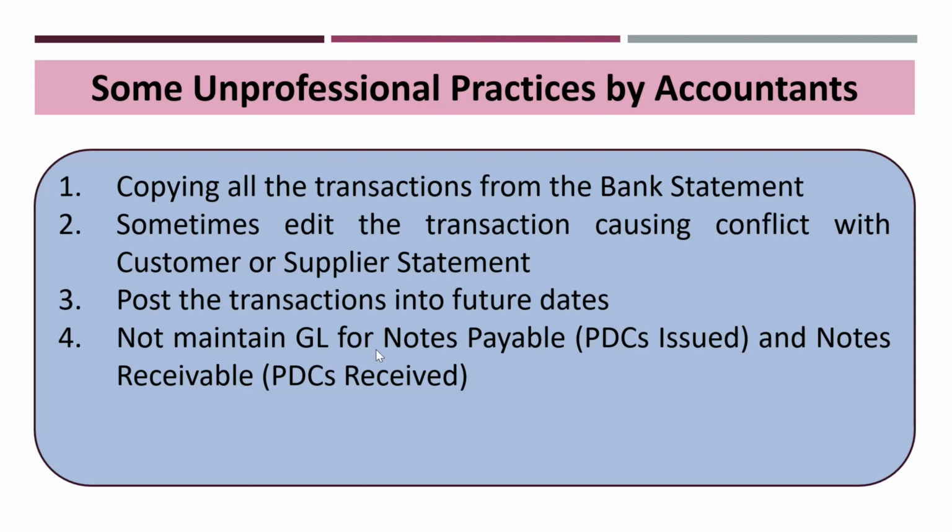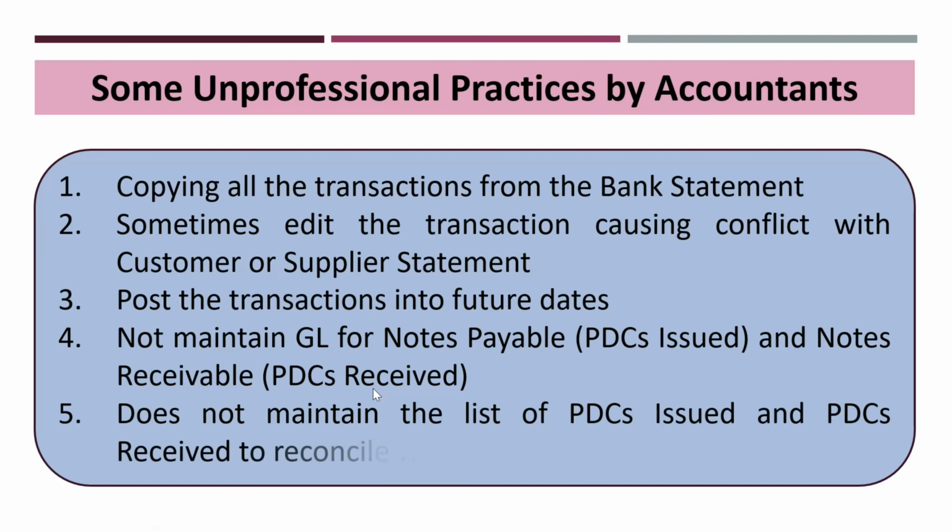Sometimes accountants are even maintaining the notes payable and notes receivable GL, but they do not maintain the list of PDCs issued and PDCs received to reconcile with the trial balance. As of 31st March, if your trial balance is showing that you have PDCs from your customers of 1,010,000, then you must have a list to reconcile this figure.